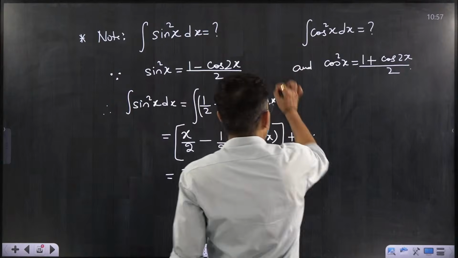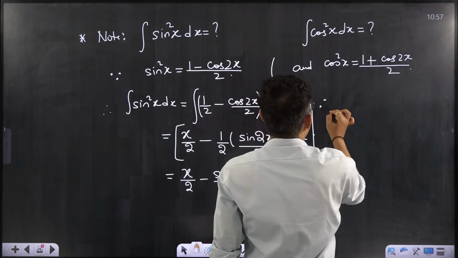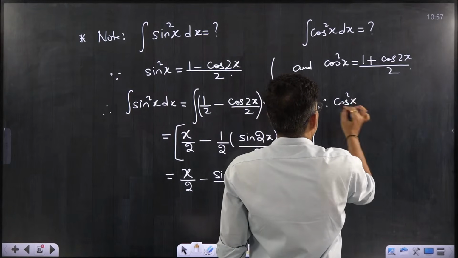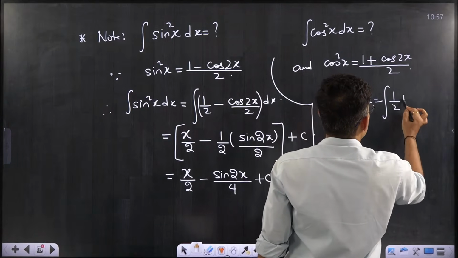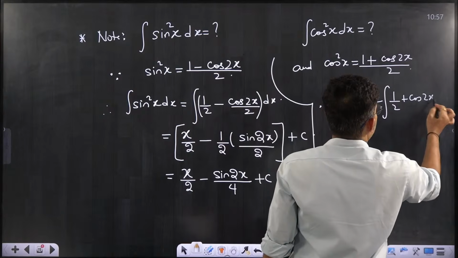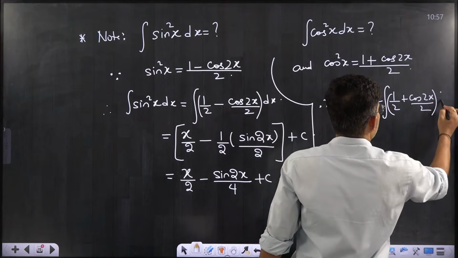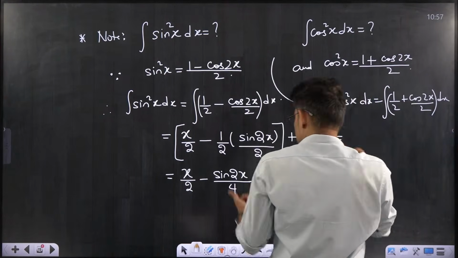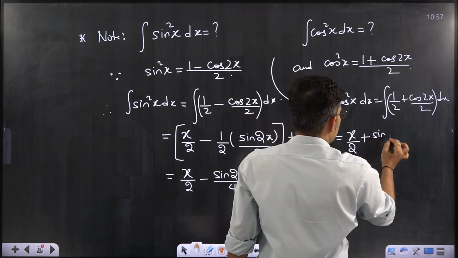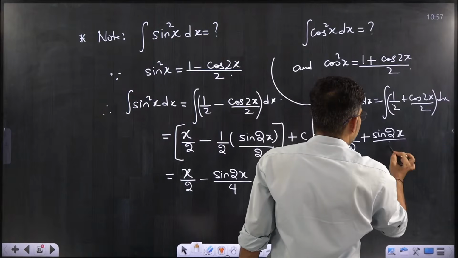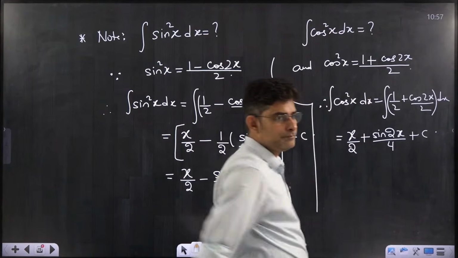Similarly, when you have cos square x, in the same way you just write 1 by 2 plus cos 2x by 2, and only the minus becomes plus here, so you get x by 2 plus sine 2x by 4 plus c.